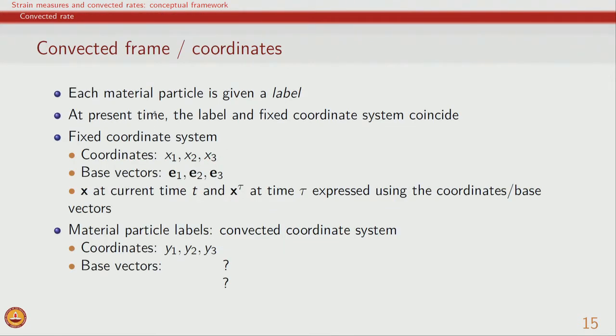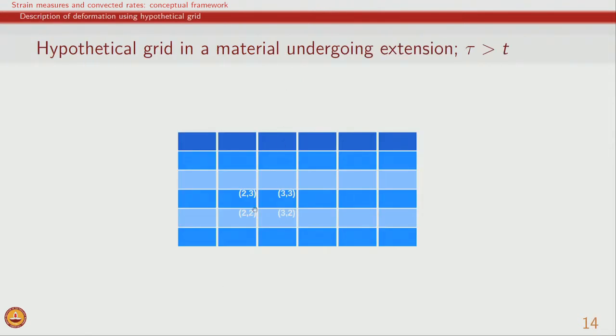So, the idea of convected frame and coordinate in summary is that each material particle is given a label, and the labels that we have been using, for example, are 2 2 and 3 2, and this particular material particle keeps the same label for all times.